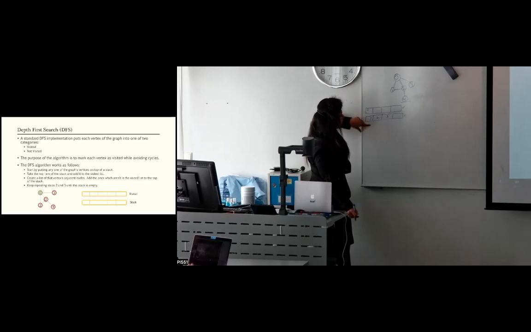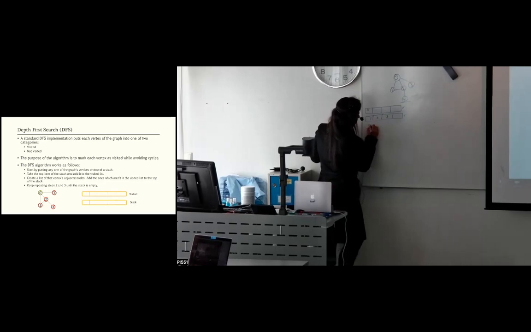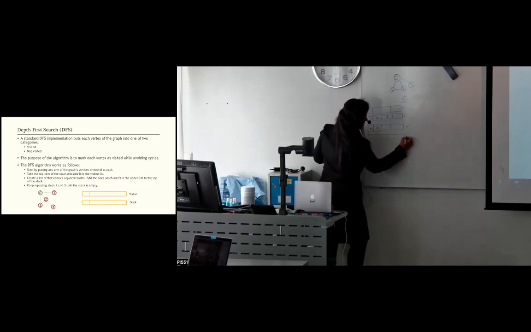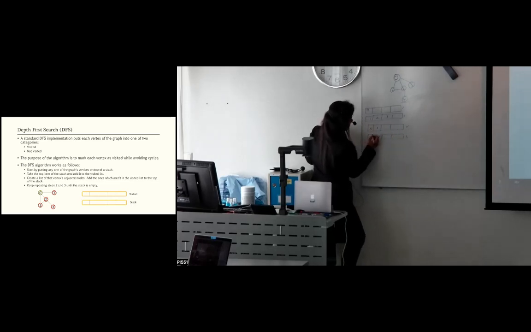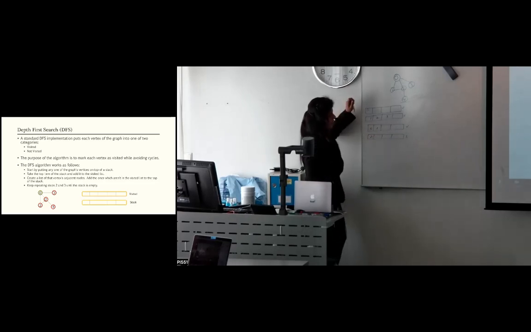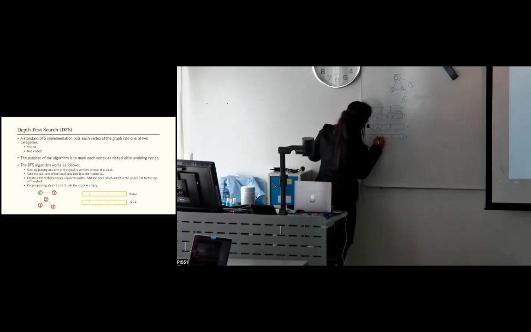And then who is the top of the stack? 1. Where should I write 1? Here. And then what is at the top of the stack? 2. And then is there any child of 2? 4.